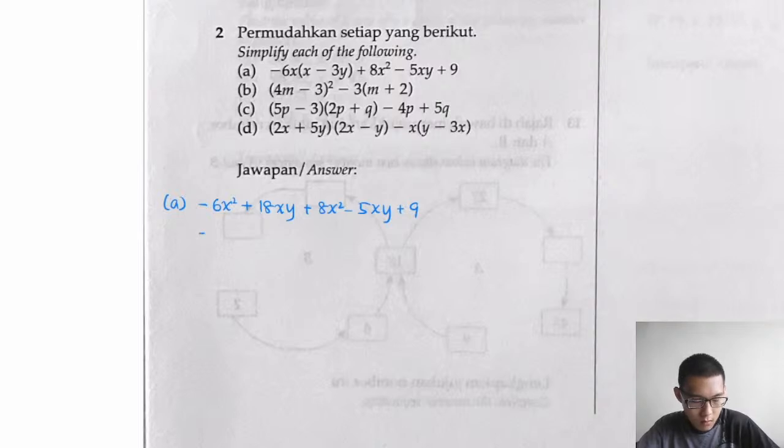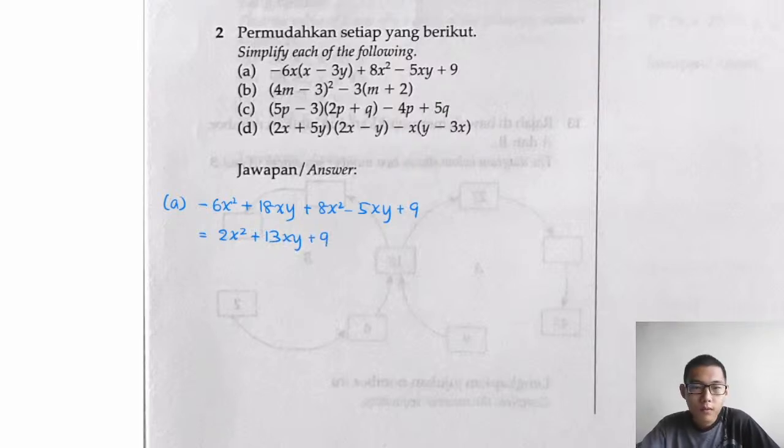So we continue. Like term and like term. Now we have x squared: 8 minus 6, we have 2x squared. And then xy terms: 18 minus 5, we have 13xy, and plus 9.